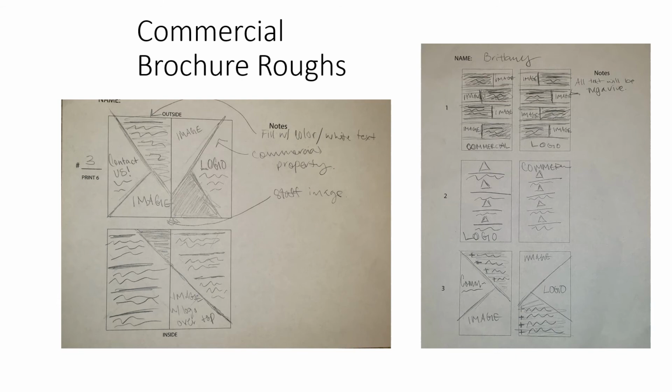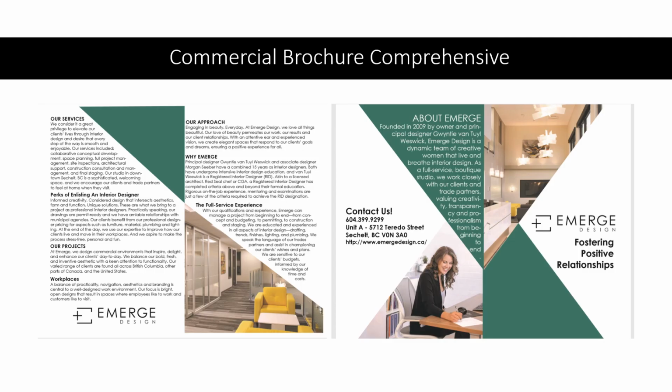I ultimately decided that for the commercial brochure, it would be better to use a more simplified model. I really wanted to focus on negative space and creating some asymmetry with the geometric shapes. I thought this would really help enforce the idea that this is for a place of work, not curling up on the couch with a warm cup of coffee.